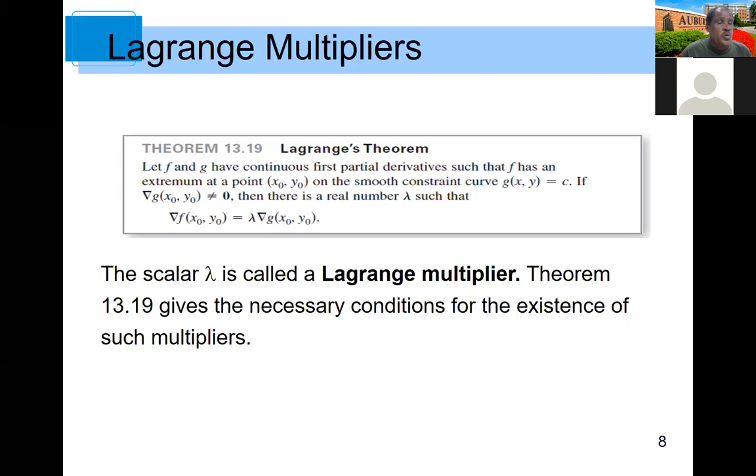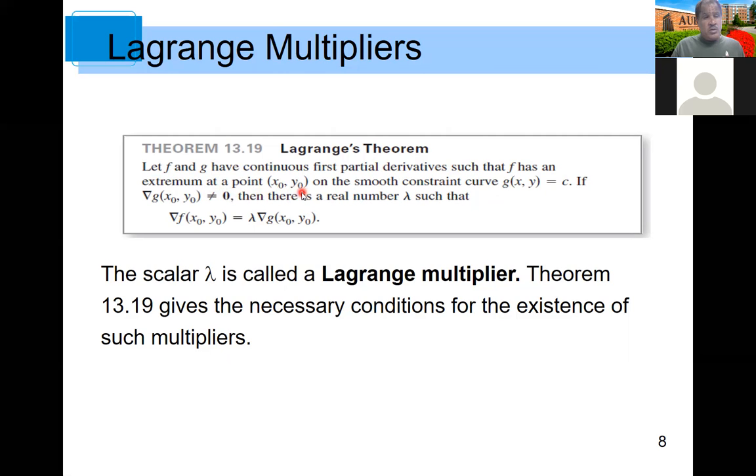So now, here is what the Lagrange theorem says. Suppose f and g have continuous first partial derivatives such that f has an extremum at point x naught, y naught.